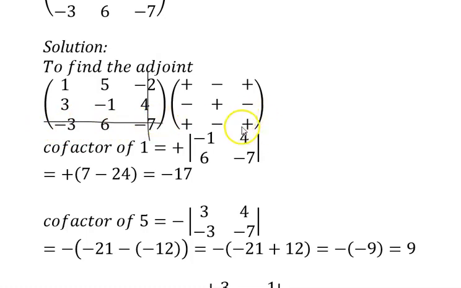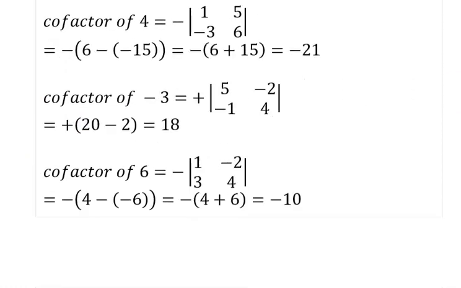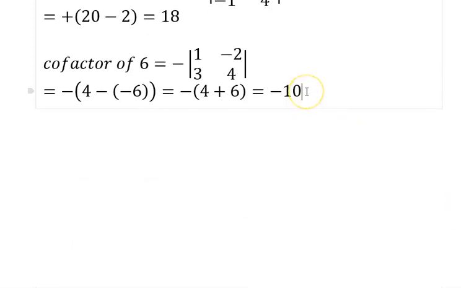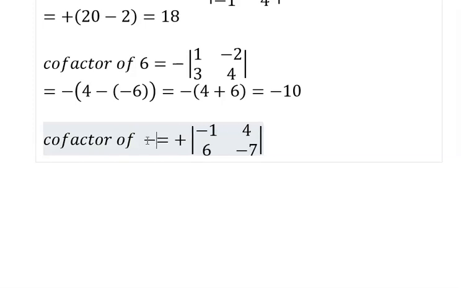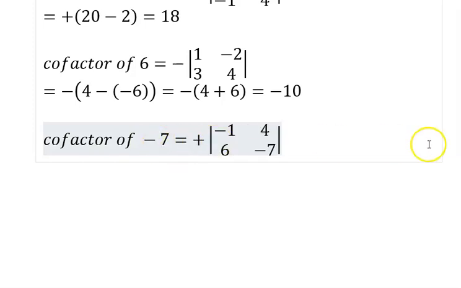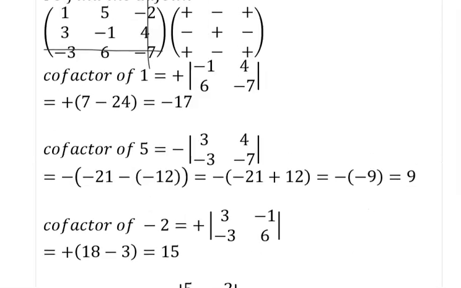The corresponding sign is plus. So what do we have left?